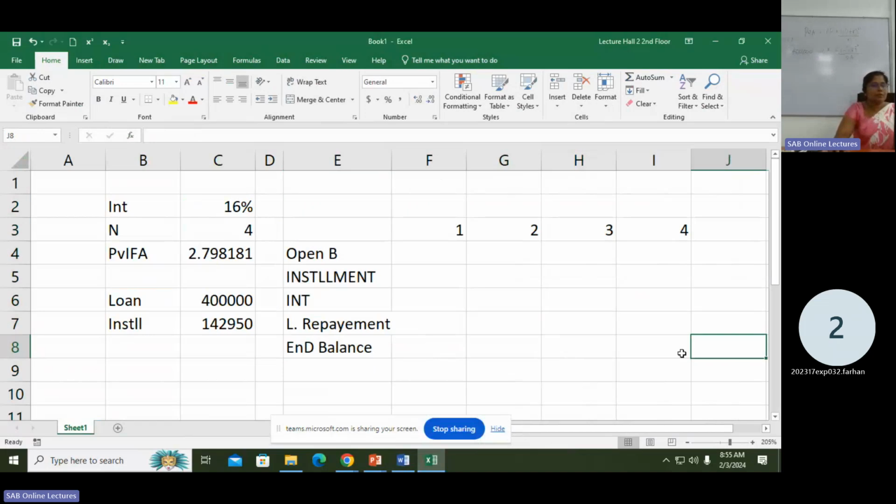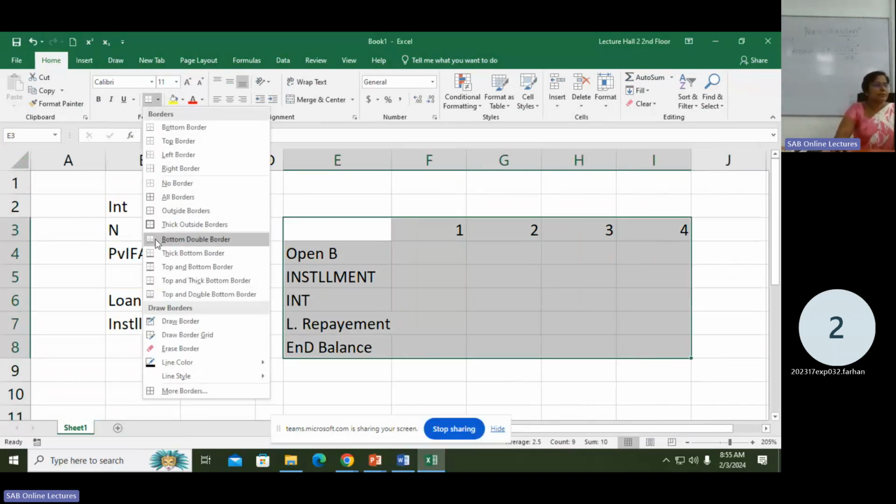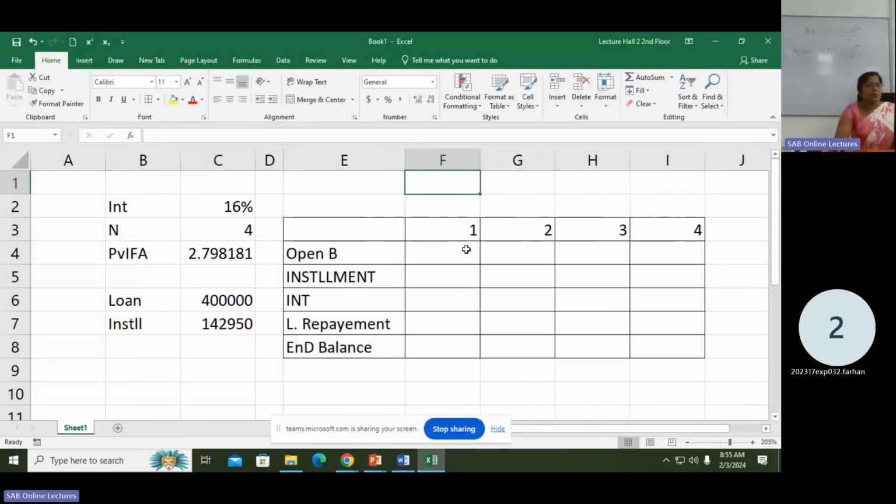So this is a 4-year loan. Now, opening balance of this loan is the amount you borrowed, 400,000. Your installment we have already calculated, 142,950, and that is not changing over time.